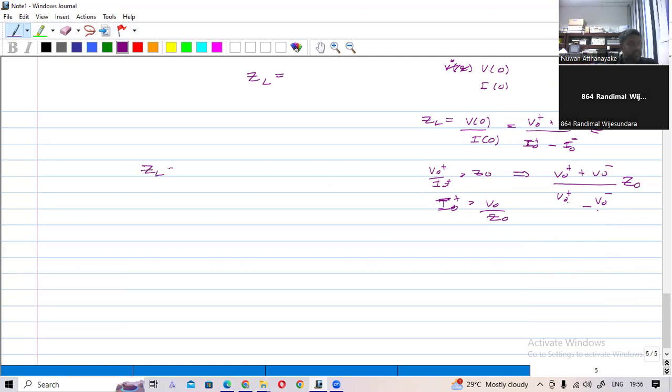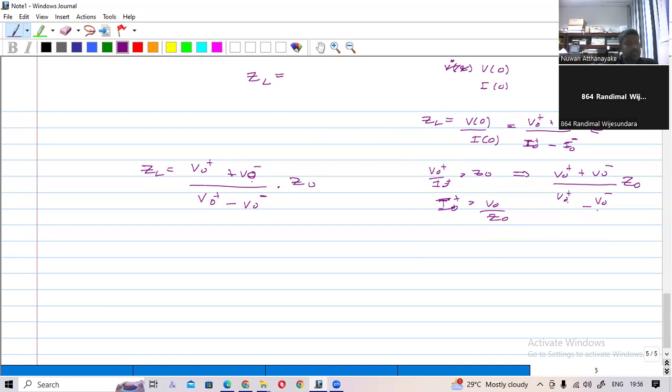So you can write like this: ZL is equal to V naught plus V naught minus divided by V naught plus minus V naught minus, times Z naught.